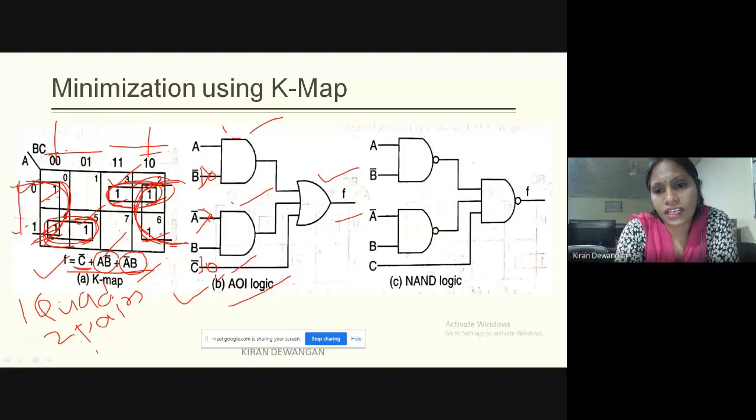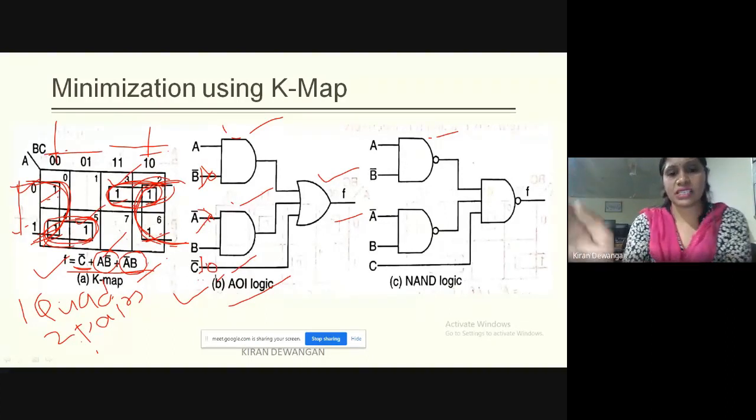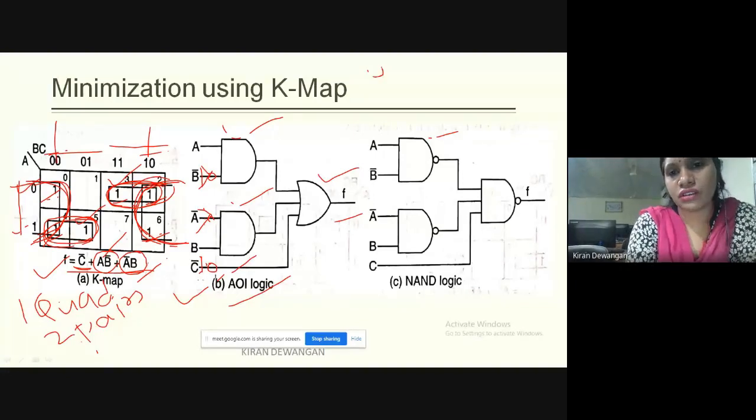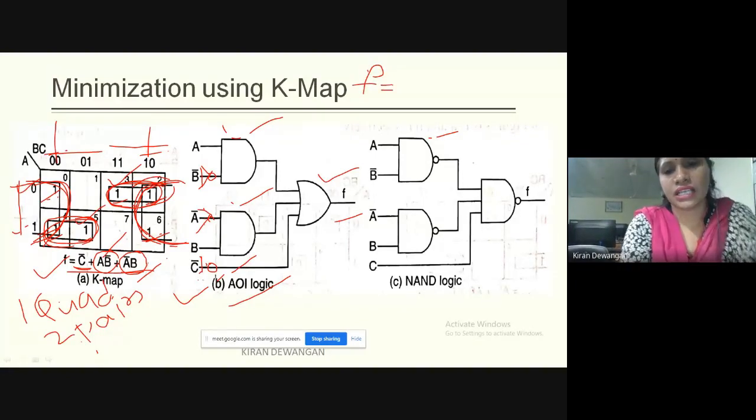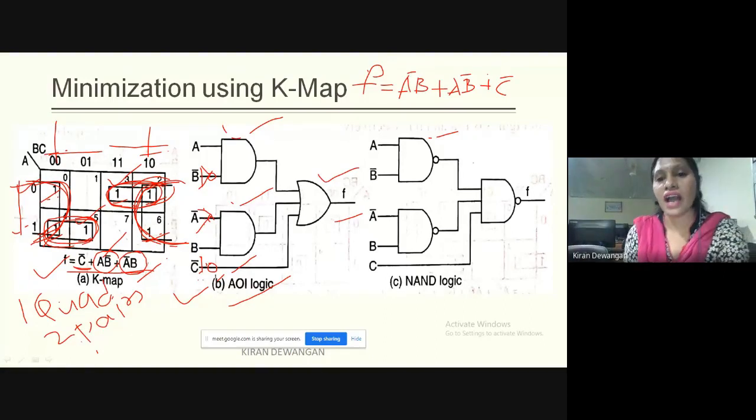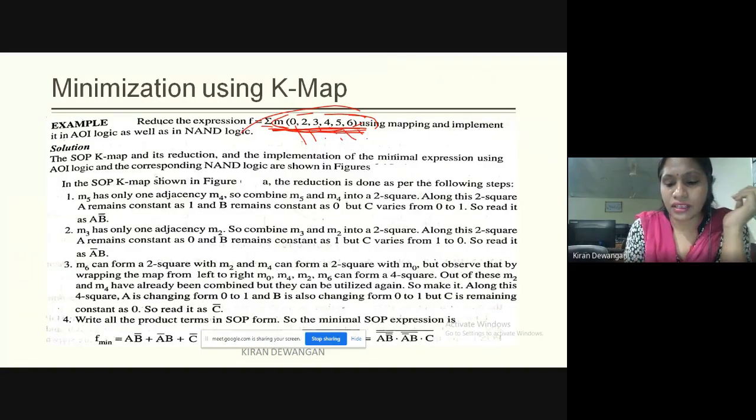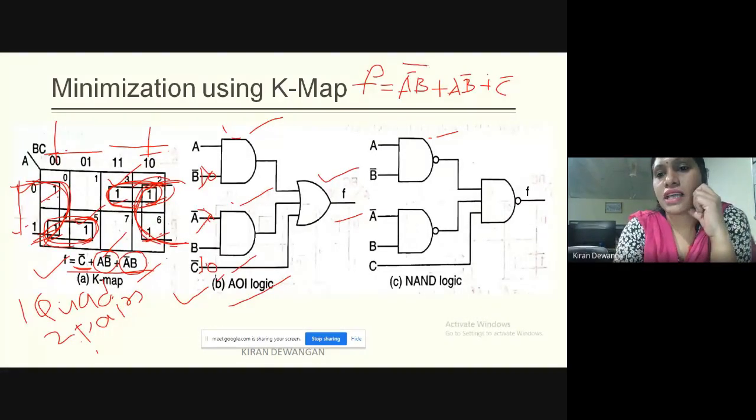Now for converting it to NAND logic, let me explain this. What is my function? Function is A bar B plus AB bar plus C bar, right? I have to convert it to NAND logic. What will I do? This is what it has explained here. So I'll just apply double complement.